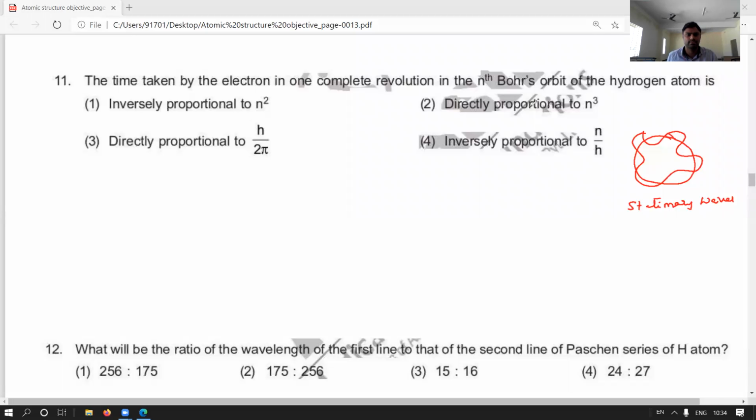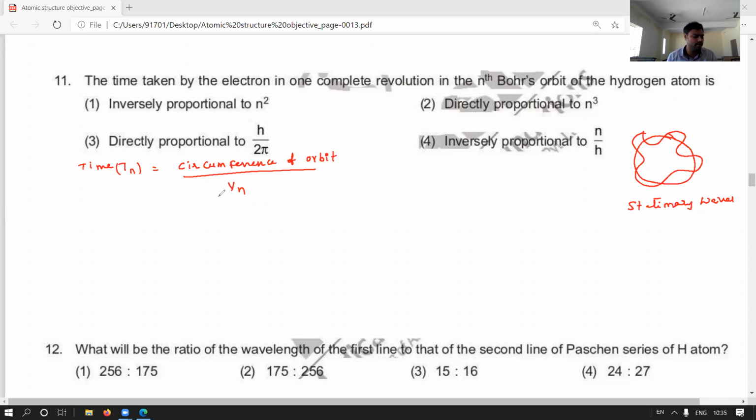The time taken for the nth orbit, Tn, is equal to the circumference of the orbit by the velocity of the electron present in the nth orbit.